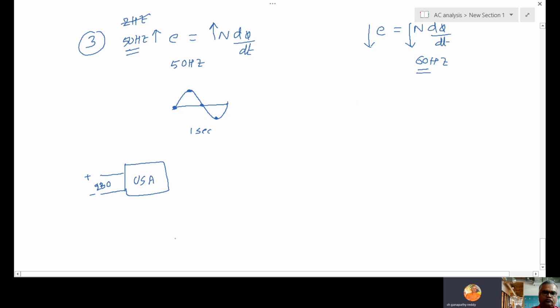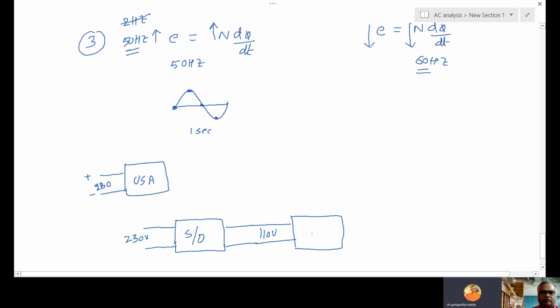The solution is you have to use one step down transformer. So in our Indian system 230 volts, step down to 110 volts, then use the grinder, then it will run safely.